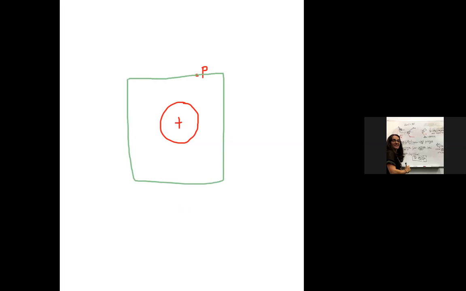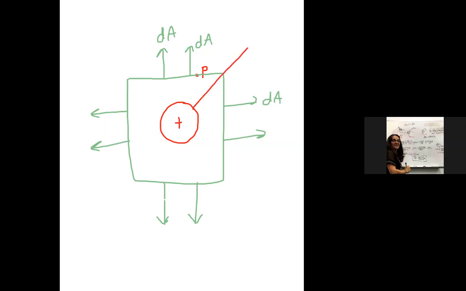Let's look at all the dAs. Perpendicular, right? All the way through the normal. This way, this way, this way, this way. Those are all the dAs. What about the electric field? Well, the electric field from a positive charge points radially outward. So up here you line up, but now you don't.